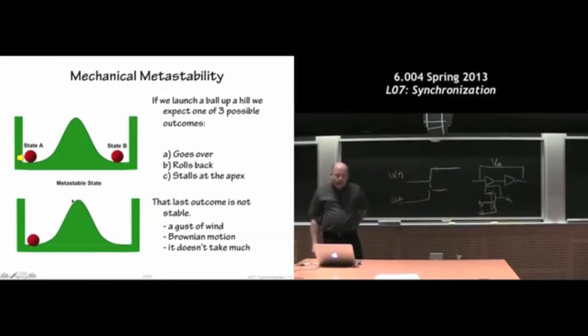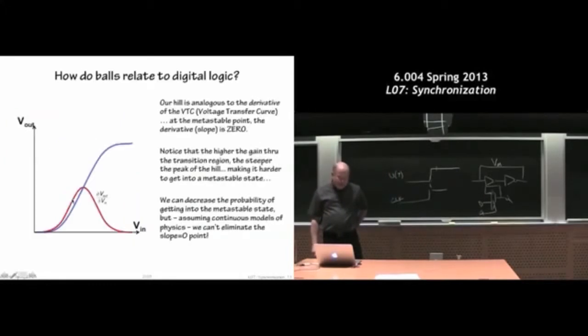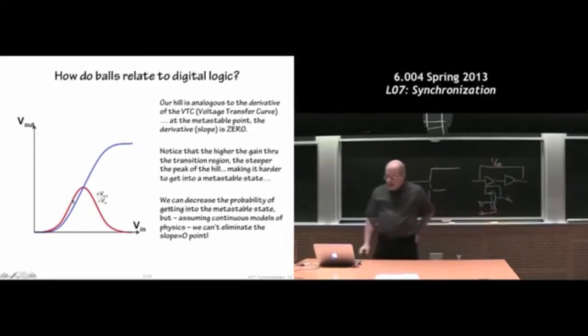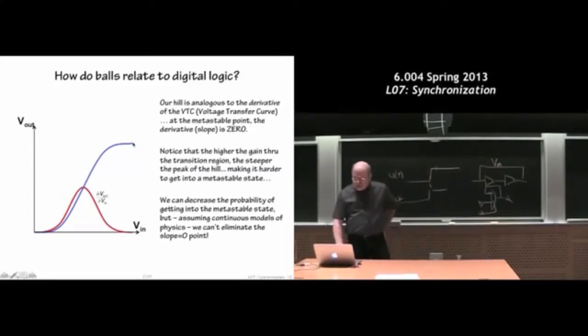So what does that have to do with our electronic system? If we have a voltage transfer curve, that's shown here in the blue, if we look at the gain of the system, you can see that's what this graph of the partial derivative, partial V out over partial V in, shows.